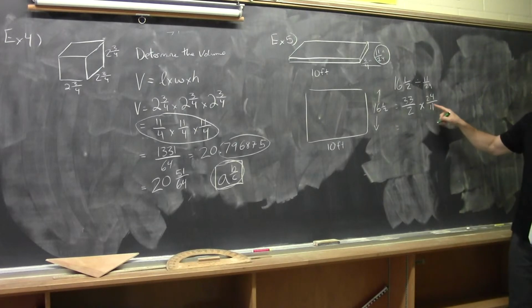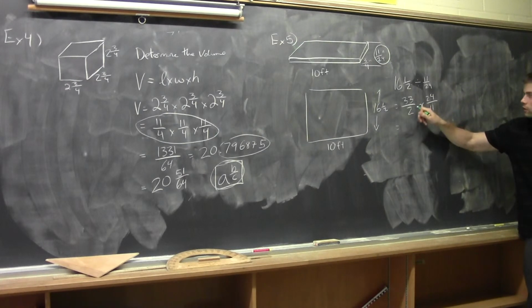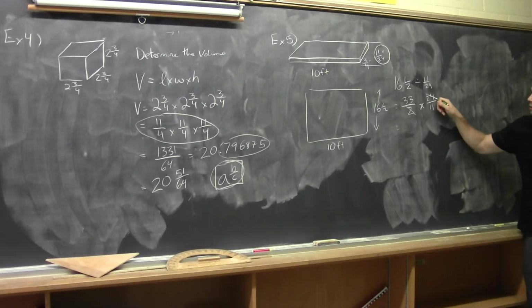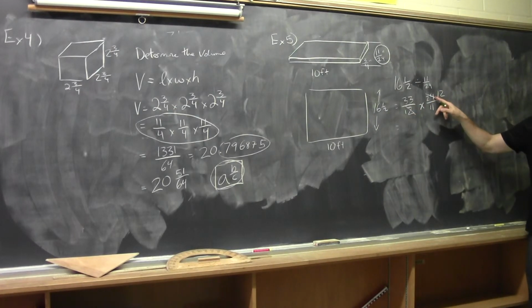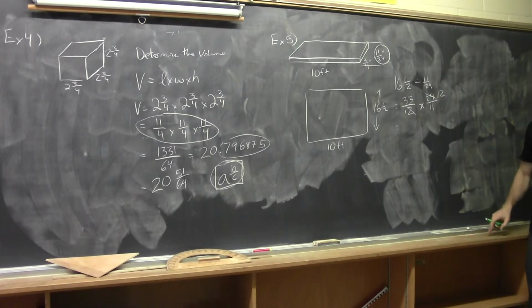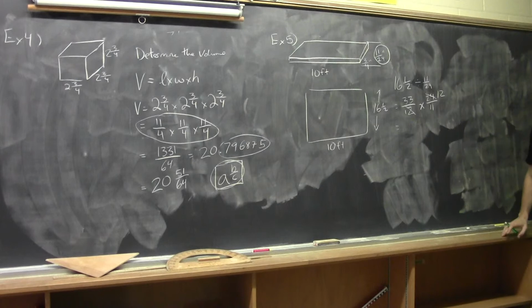Here is one note you can notice. If you see a fraction like this and you don't want to deal with big numbers, but you realize they can divide in right away, you can see 2 goes into 12. 24 and 2 can cancel to 12 and 1.